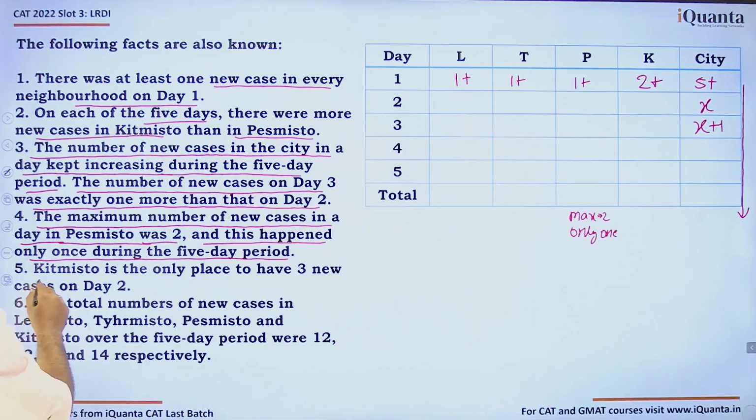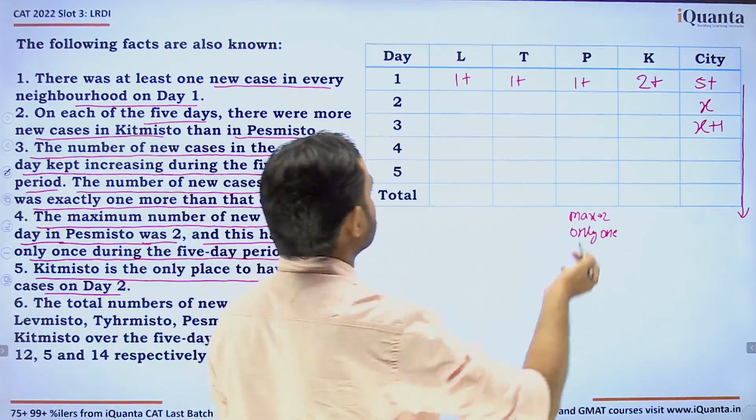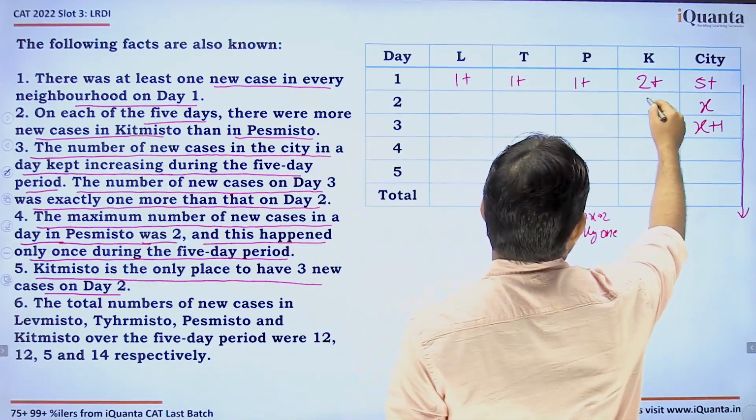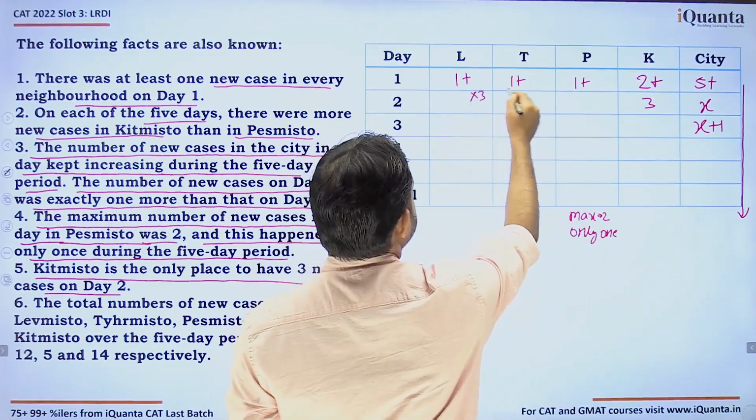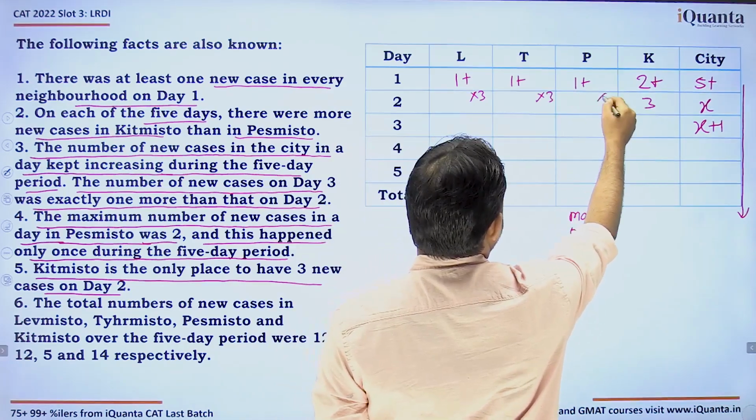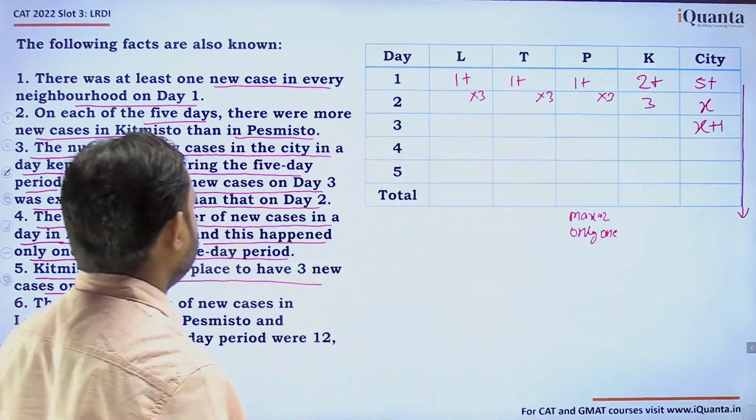Now, Kitmisto is the only place to have 3 new cases on day 2. On day 2, Kitmisto has 3 new cases, but not the others. So in these neighborhoods, there are not 3 cases.